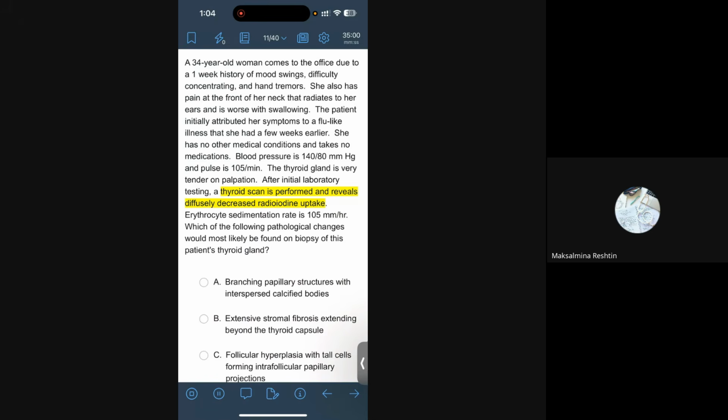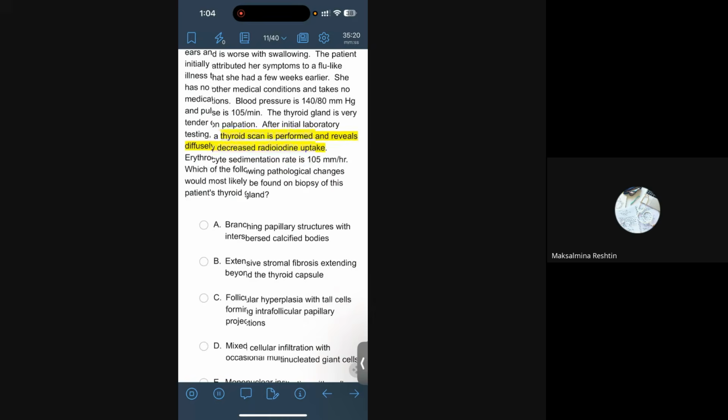But the cells are no longer present to take up the radioiodine. That's why the thyroid gland is responding like a hypothyroid state on the lab findings, because it is inflammation here.